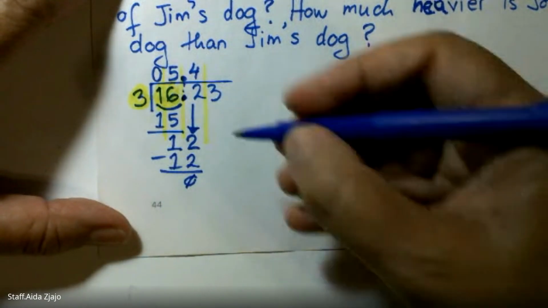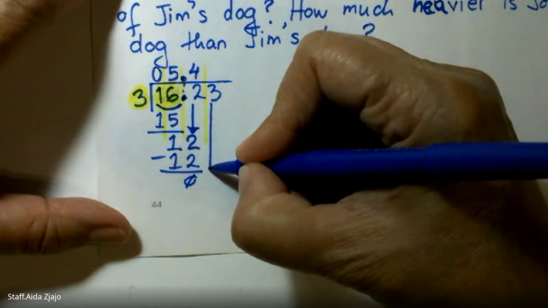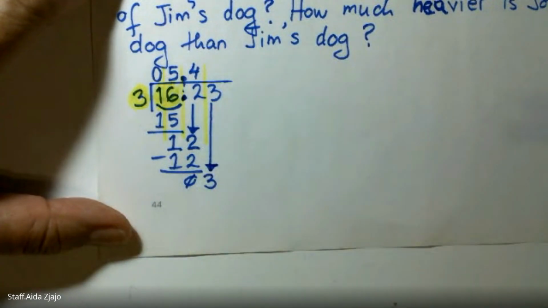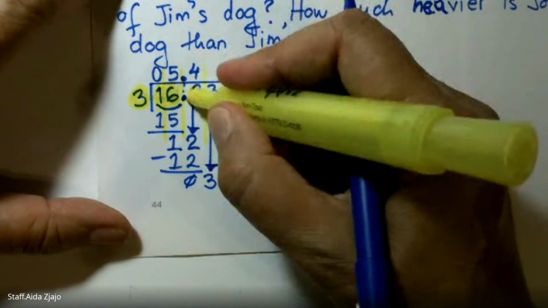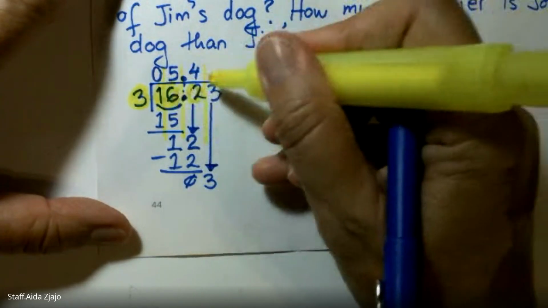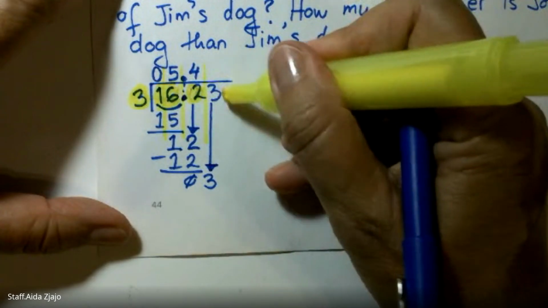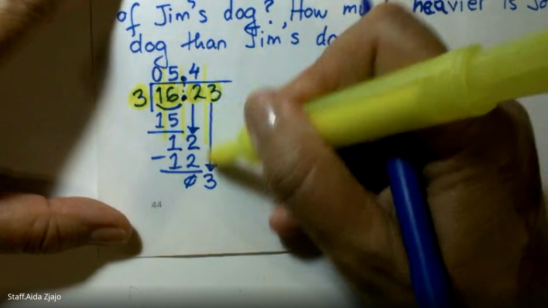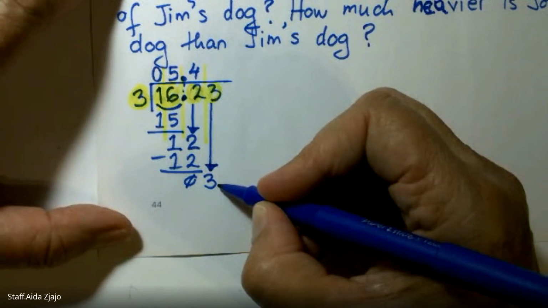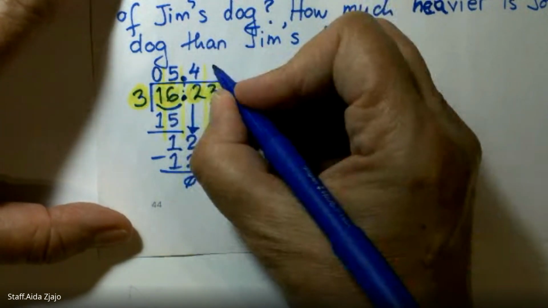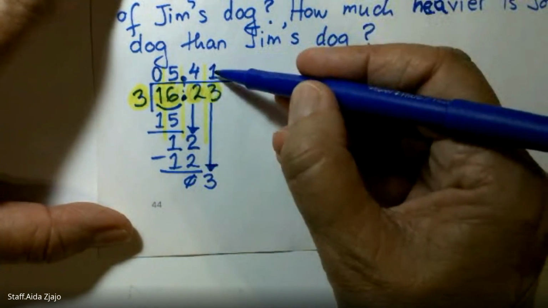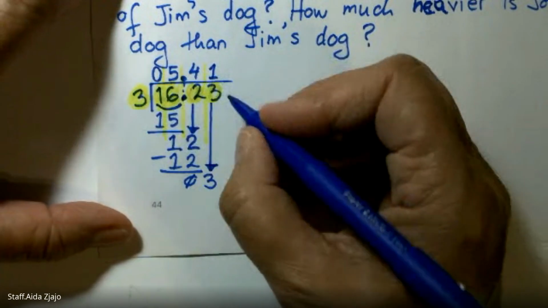But I'm not done, correct? Because I still have this 3 to bring down. So until you're done with all the numbers, look, I did 1, then I did 16, then I did 2, and now I'm doing 3. Bring down the 3, which means you're now going to share 3 hundredths, so each will get 1 hundredth.